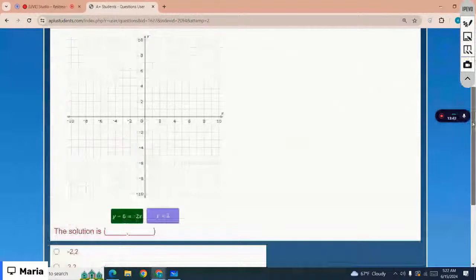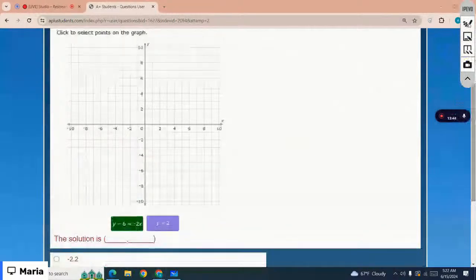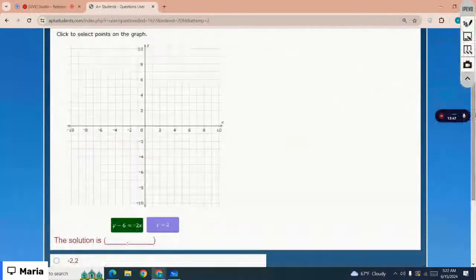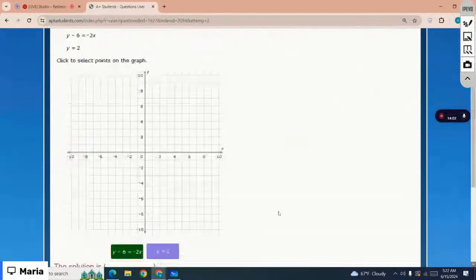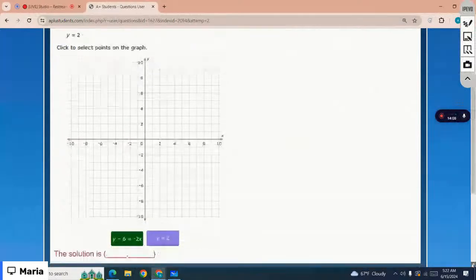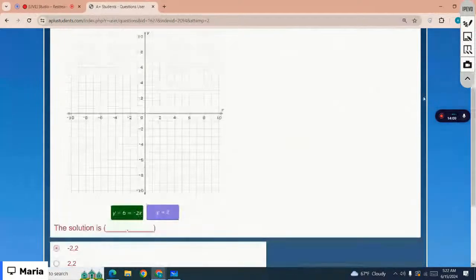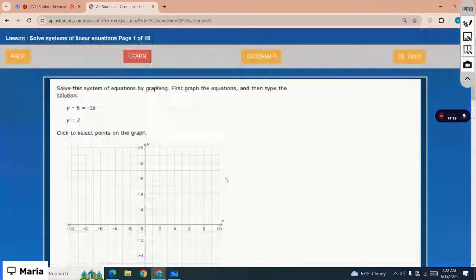Hold on, but I removed the graph. That would be -2 and 2, right? Option number 1 is the correct option.